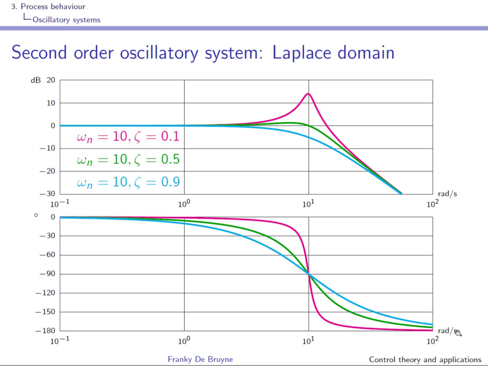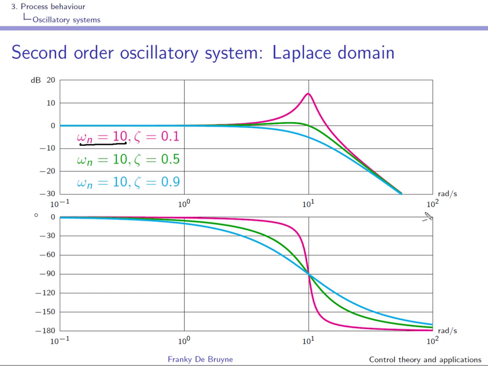And this is indeed what we see. You can see here that at the low frequencies the gain is 1, so 0 dB, and the phase shift approximately 0 degrees. At the high frequencies, so high with respect to the natural frequency here, that is 10 radians per second, well, at the high frequencies we have a phase shift that is tending to minus 180 degrees, right?